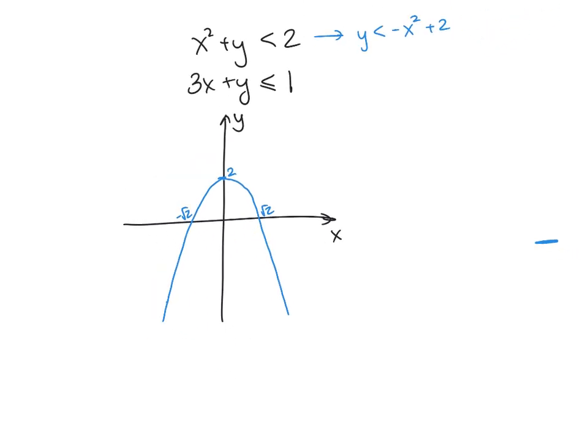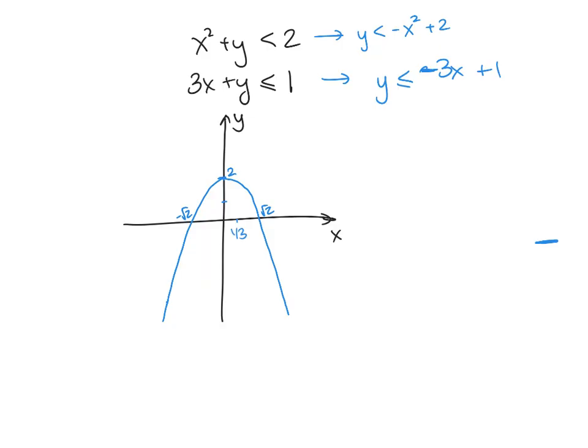The other one I have is y less than or equal to minus 3x plus 1. So the y-intercept is 1, and the x-intercept would be 1/3.